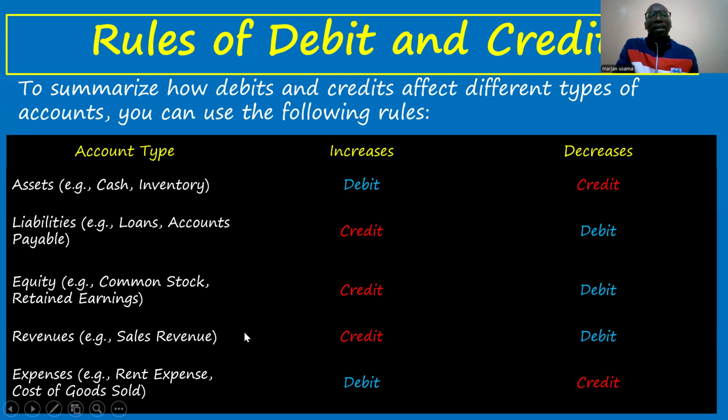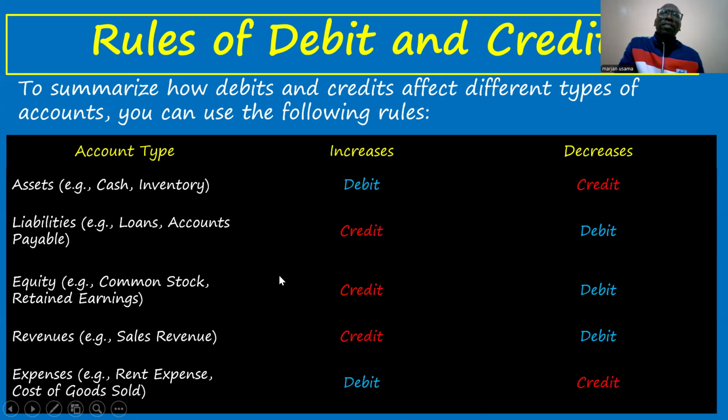If there is an increase in your revenue, you'll always credit it. And if your revenue, your income, decreases, then you have to debit it. Then the expenses, masarif: if the expenses increase, then you need to debit it. But if the expenses decrease, then you have to credit.